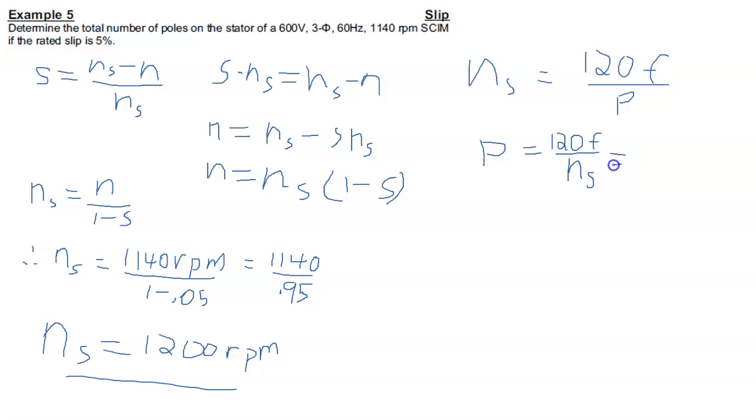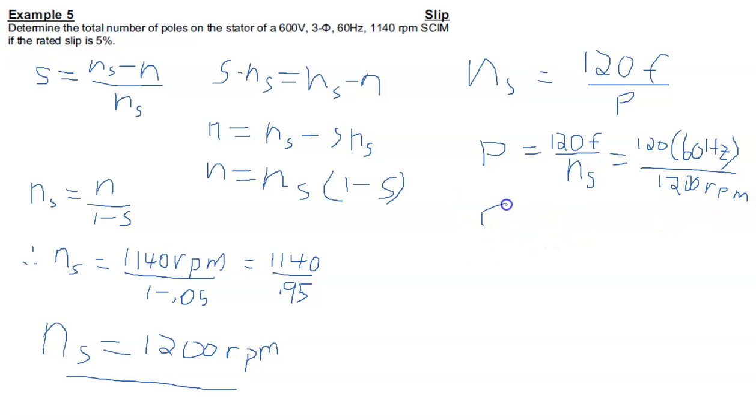And so therefore we have 120 multiplied by 60 hertz and divided by the 1200 RPMs.